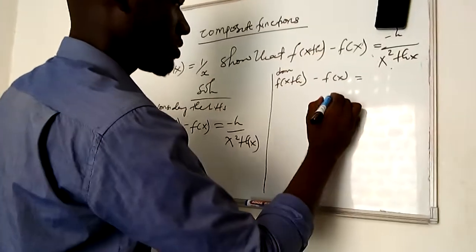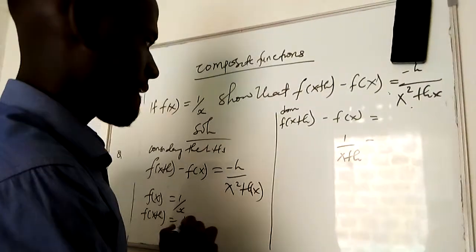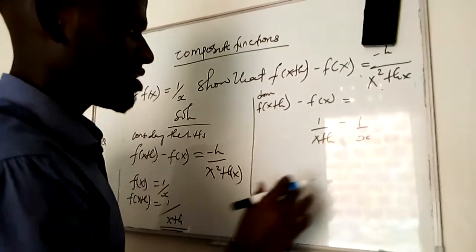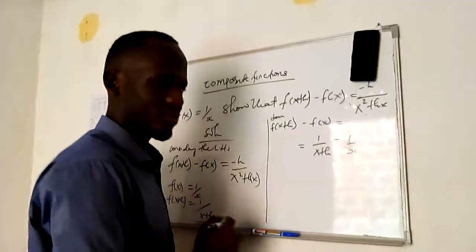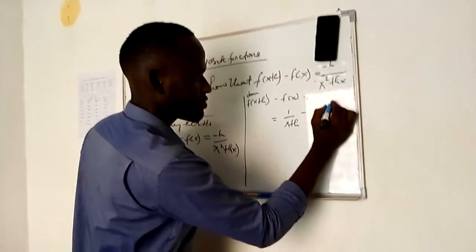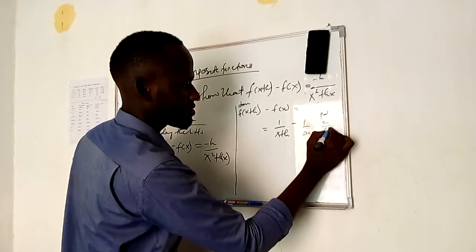It is 1 over x plus h minus 1 over x. Now when you reach this level, you have to cross multiply, or find the LCM, whereby I have a method where I use the sum over the product.